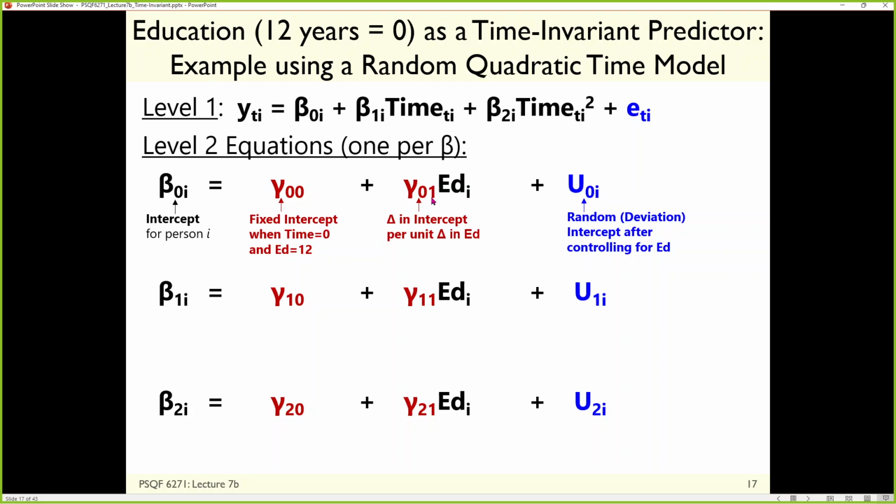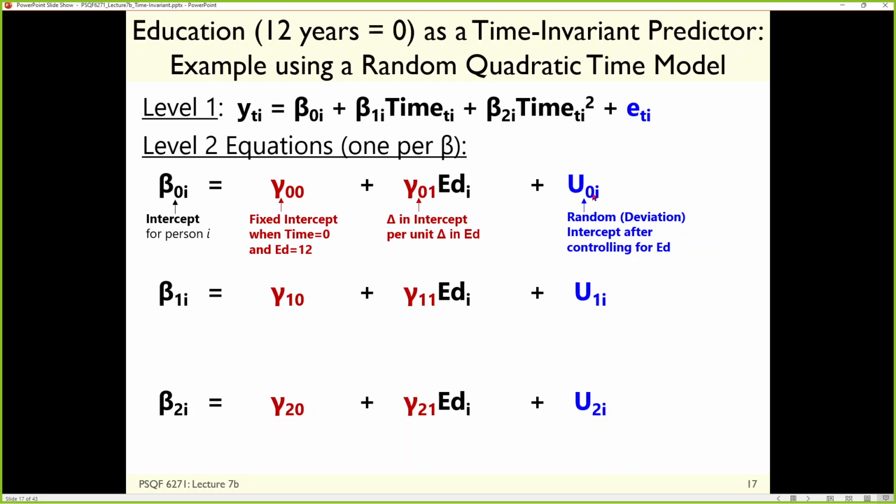Now gamma 0,1, we have a 1 in the second subscript because this is the first predictor of beta 0 after the starting point. So gamma 0,1 is the change in the intercept specifically per unit change in education. So people who have more education could start out higher on this outcome, or they could start out lower.